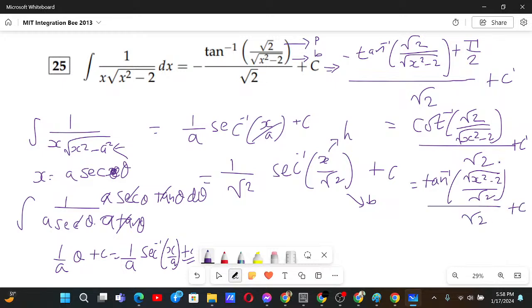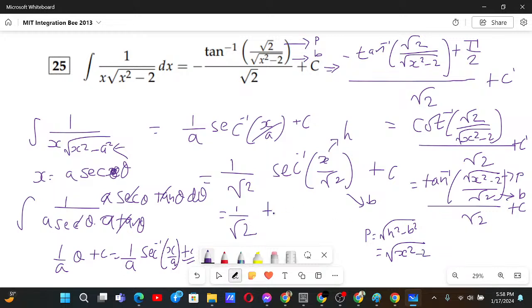Now it matches. So this is P, this is B. Yeah, our B is same now. So since this is H and B, if we take it into P and B, we can have tan inverse. So for this H, our P will be root under H square minus B square. H is x, so x square, B square is 2, minus 2.